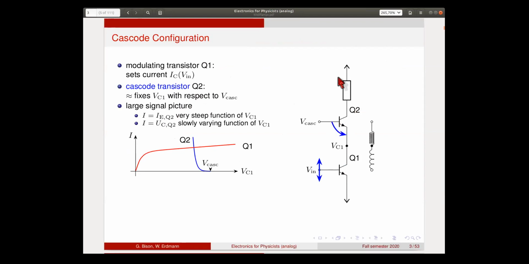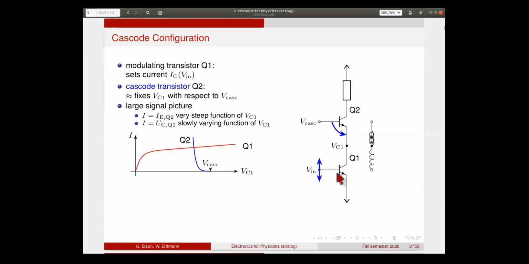So you see now the same kind of amplifier that we just looked at. This is the modulating transistor, this is the collector load, but now we added a transistor between the collector of the input transistor and the load, which has its base fixed to a constant potential.